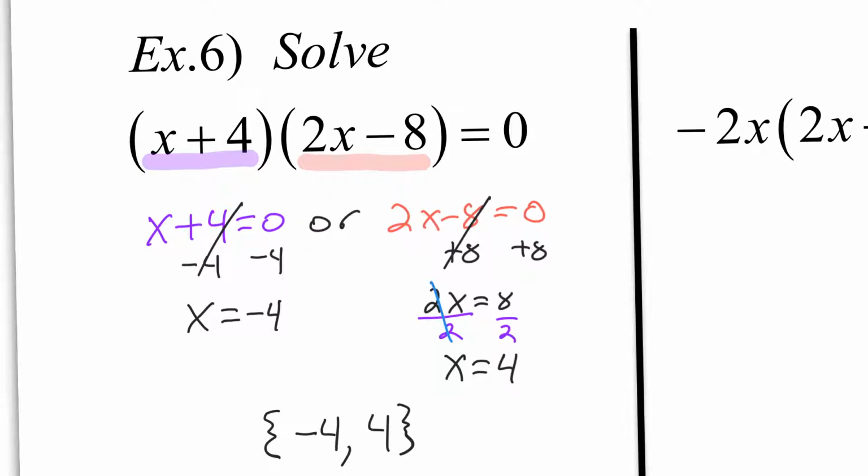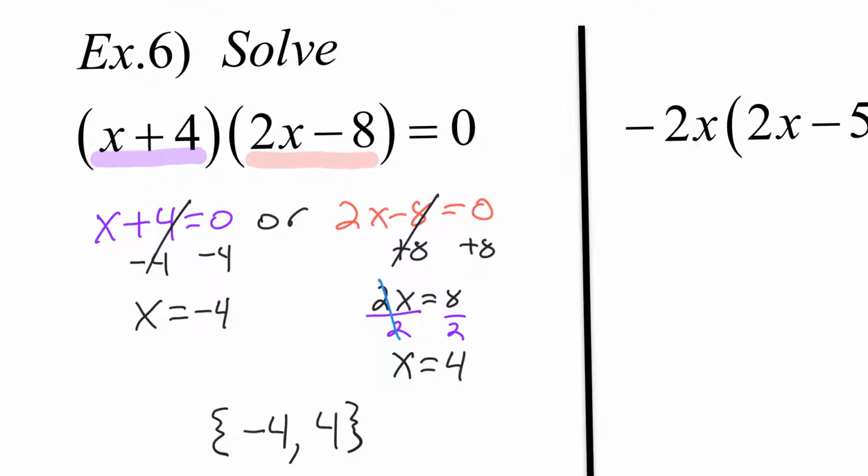If you put parentheses instead of brackets, that means it's a coordinate point, which means you have an x value and a y value. This is not a point. That's why we use brackets, because both numbers are x. X equals -4 and x equals +4. So make sure you use brackets, and it's always nice to have the lowest number first and then the highest one. Does the order matter? Not really. You can switch those numbers, but mathematically it looks nice when you have the numbers in order from lowest to highest.